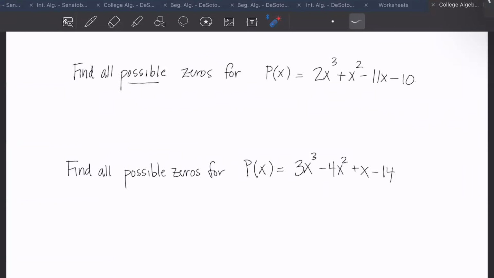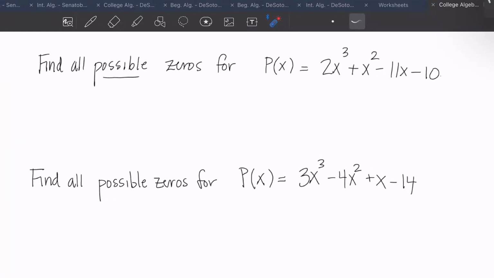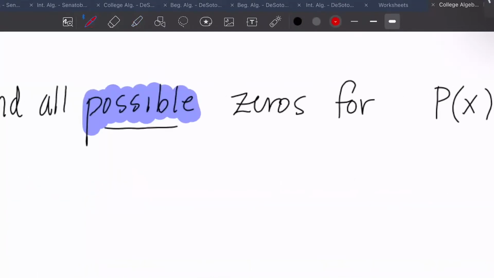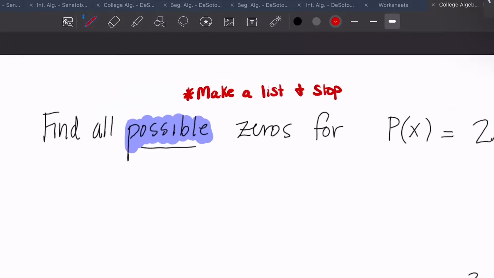So let's just take some time to look at all possible zeros. Let's work a few examples on just finding possible zeros. When I ask you for just possible zeros, you will make a list and stop. You're not going to do the whole problem.